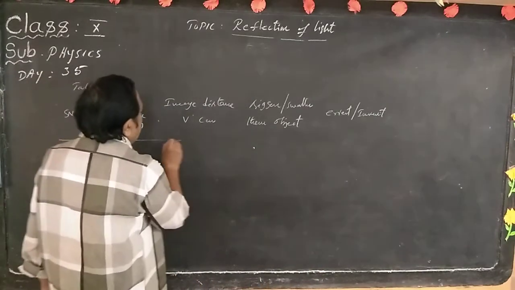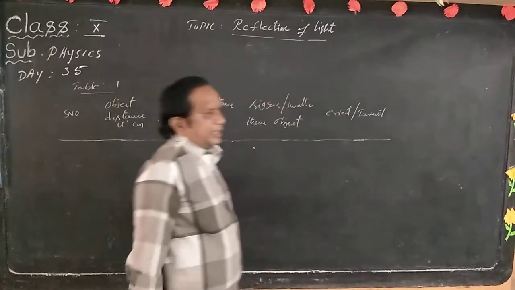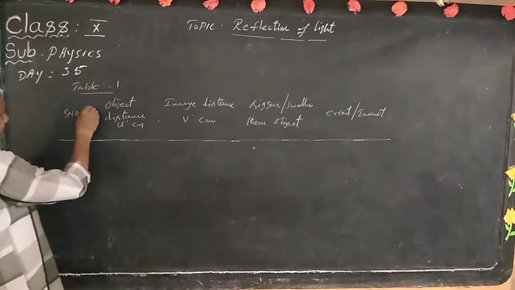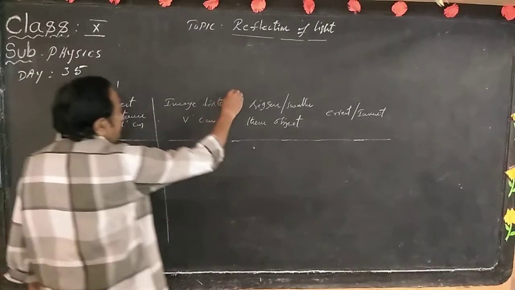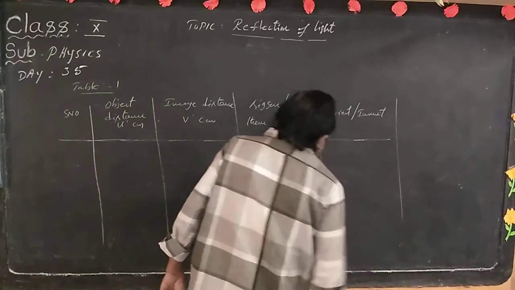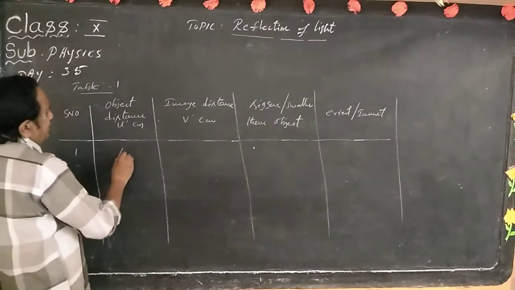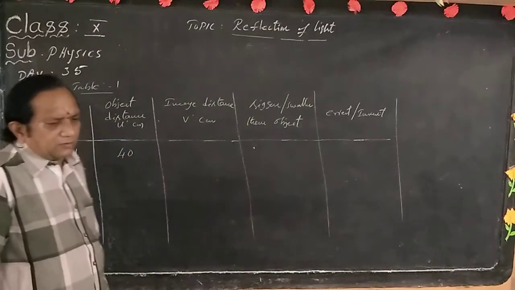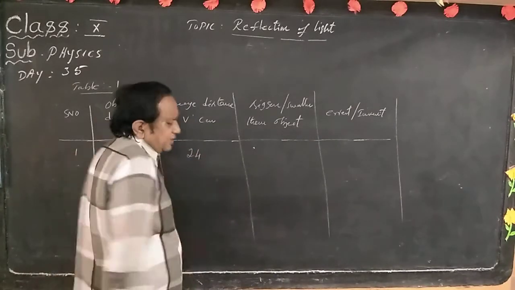By considering some values, you can also draw the ray diagrams for this. Take a numerical value, say 40 centimeters: the object is placed at 40 centimeters, and the image is formed at 24 centimeters.